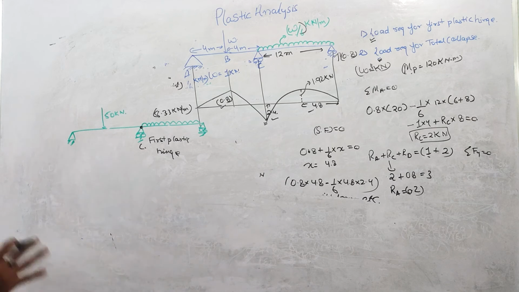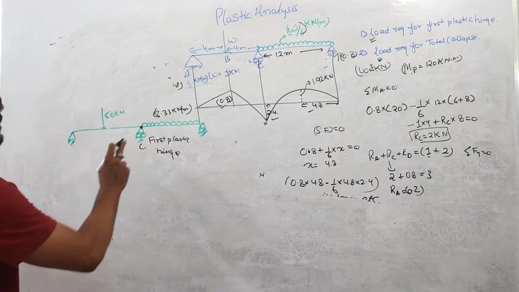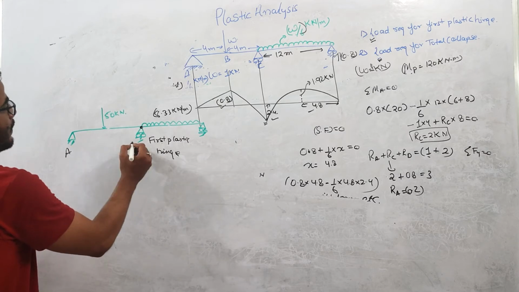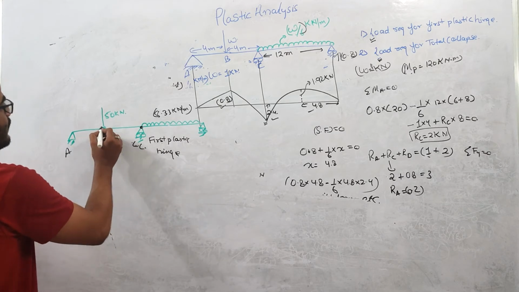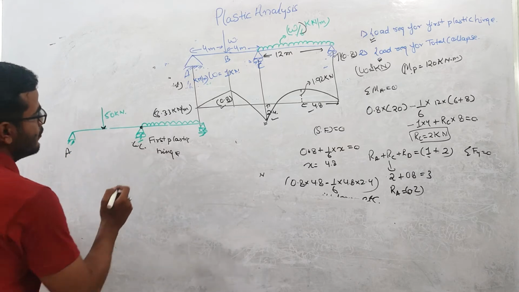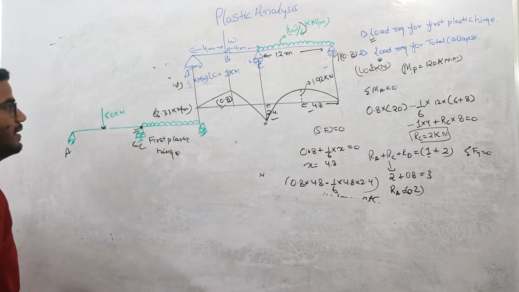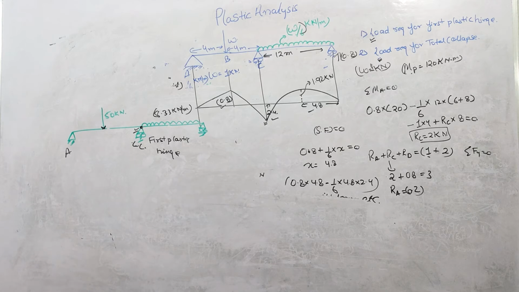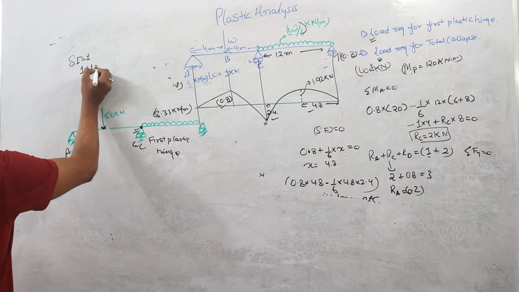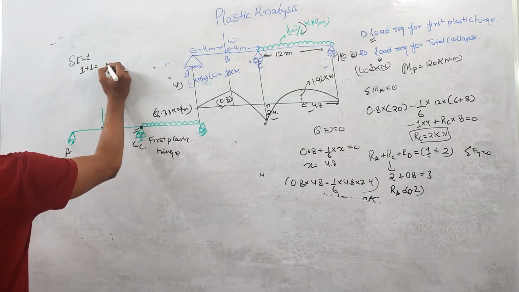For this loading condition, if the magnitude of this UDL is 8.33 kilonewton per meter, and the point load acting at this AC portion is 50 kilonewton, then you can say that the plastic hinge will form at point C. Okay, but remember that this is not the collapse of the structure. We need two plastic hinges for the complete collapse of the structure, right? Because static indeterminacy is 1, so we need one more hinge to make the structure collapse.